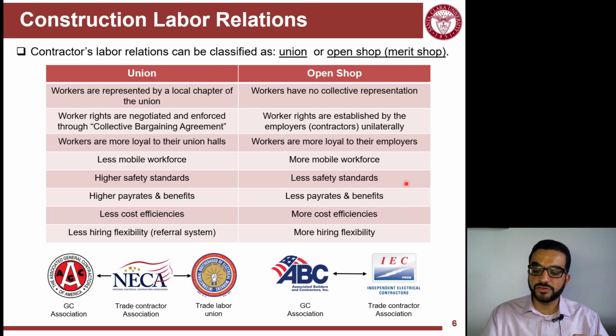In this case, for electrical, it's IEC, Independent Electrical Contractors. And you can see here there is no link further. There are no unions. So IEC has training programs that open shop workers can go through. But again, it's generally not that rigorous compared to union apprenticeship programs.